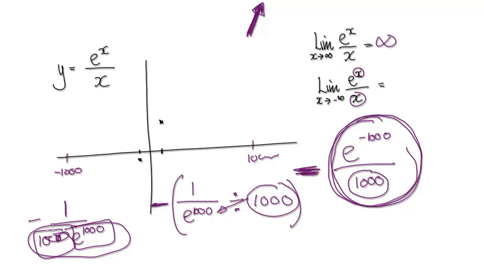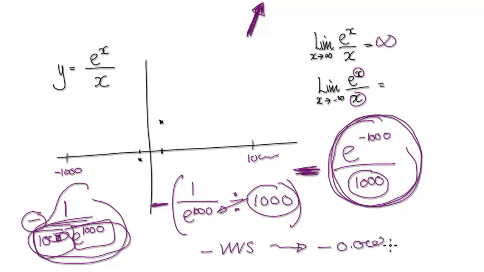Well, 1 divided by a very, very big number, overall it would be very, very small, and there's a negative in front of it. So it would be a negative small number. So in your mind, picture -0.00000, let's say 6. So it's going to be a very, very small number with a negative in front of it.